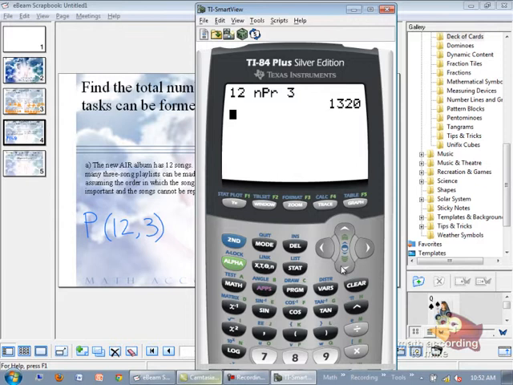Because think about it, you can pick the first 3. You get 1, 2, and 4, 1, 2, and 5, 1, 2, 6, 1, 2, 7, and so forth. But 1, 2, 4 is not the same as 4, 1, 2, because we said order does matter. Is that okay?